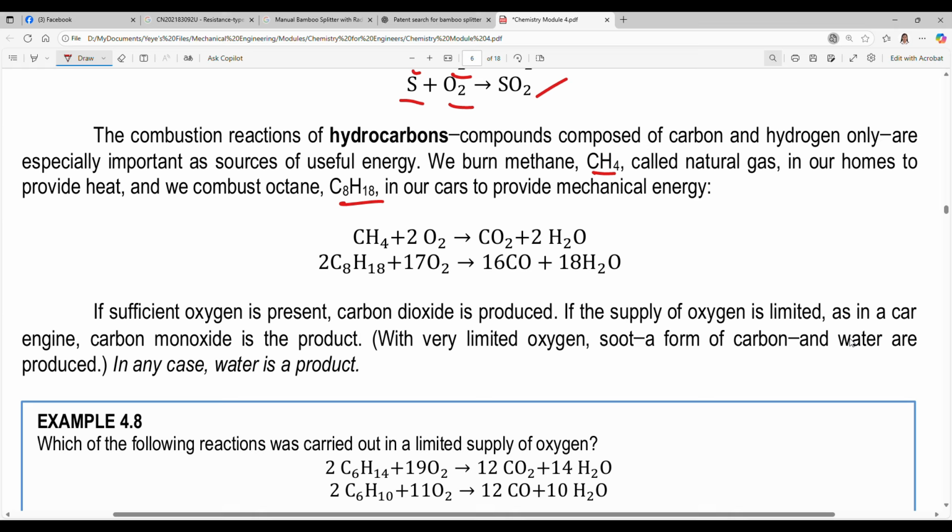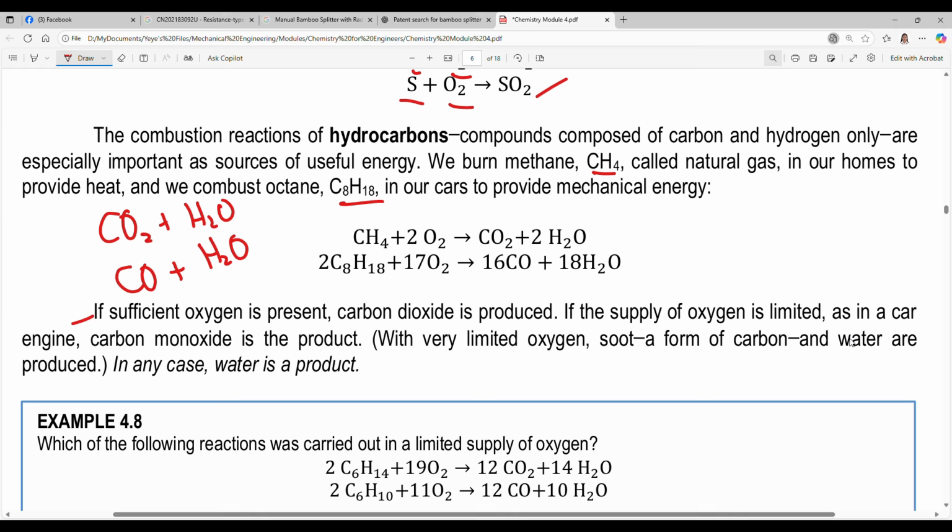The product of combustion is carbon dioxide plus water, for a sufficient supply of oxygen. If the supply of oxygen is lacking, you have carbon monoxide plus H2O.